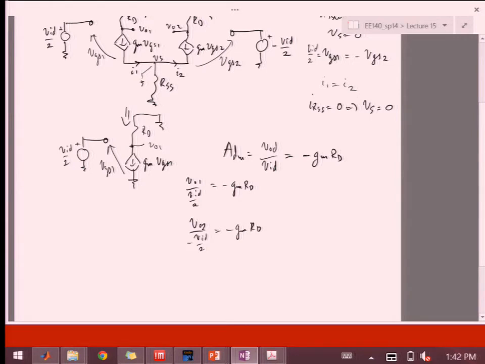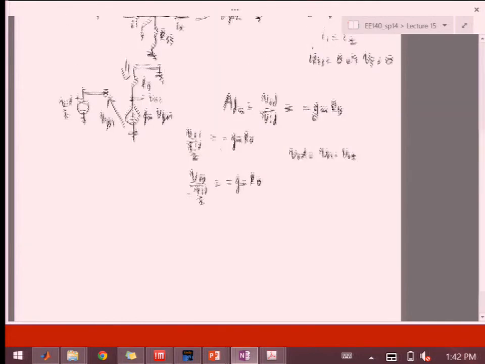So when you combine the two, you'll essentially get VOD over VID, because VOD, we said, was VO1 minus VO2. Okay? So the gain is the same simply because we use half of the voltage to produce half of the output. So the gain is the same as if we took the full voltage and produced the full output. Okay, so this is differential.